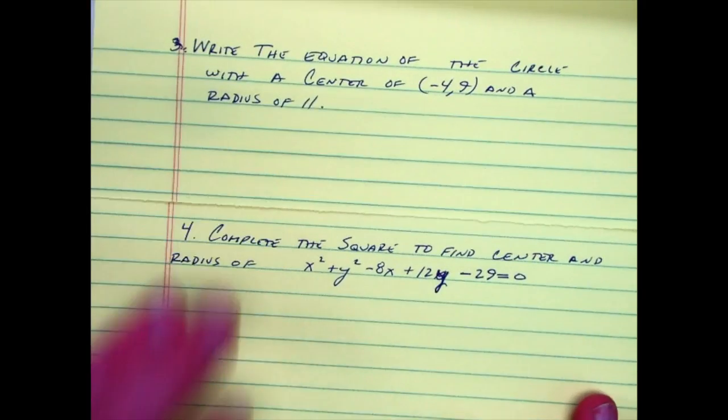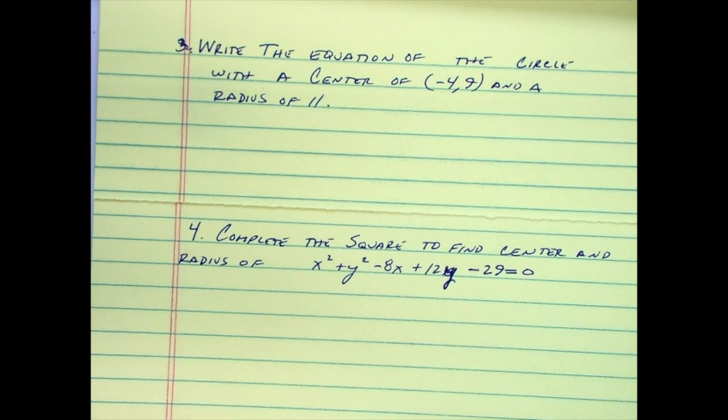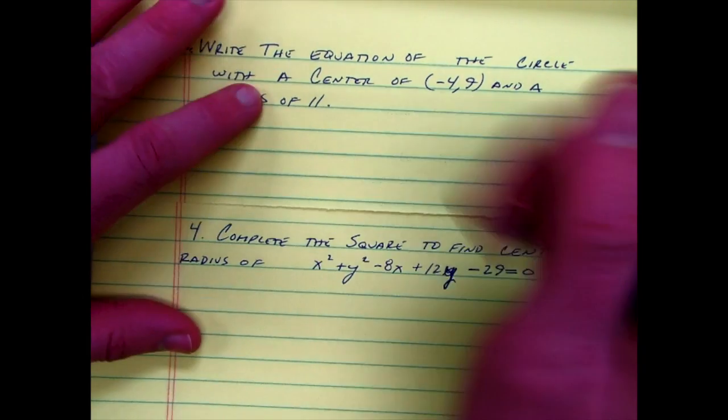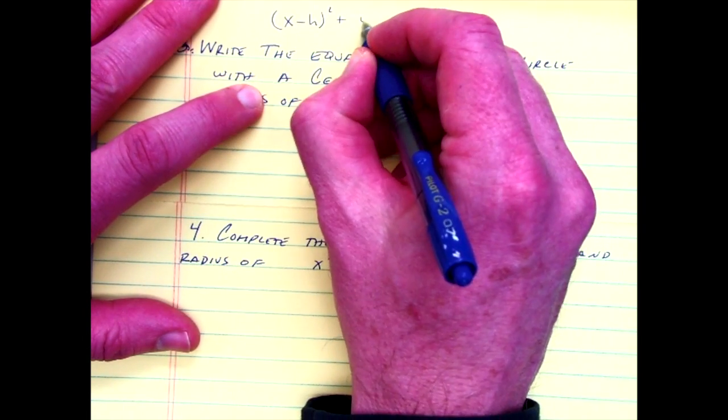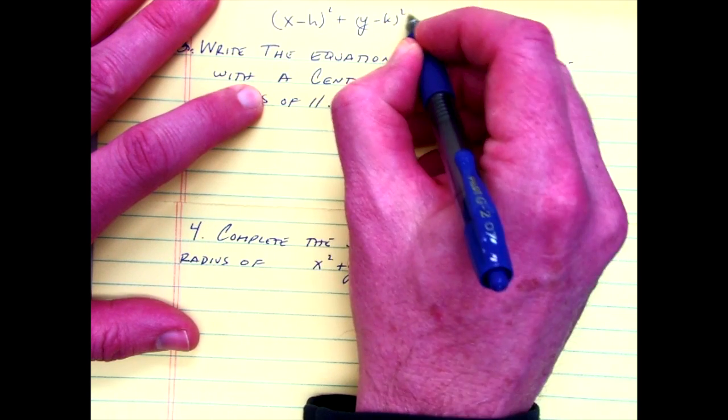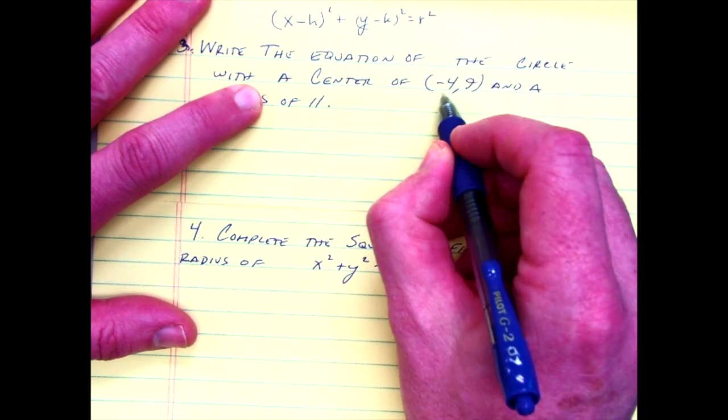Okay, so if you look at this one, we're given the center with a radius of 11. If we use x minus h squared plus y minus k squared is equal to radius squared, and this is h, and this is k.